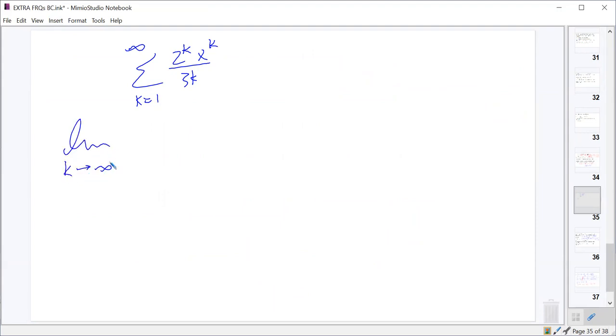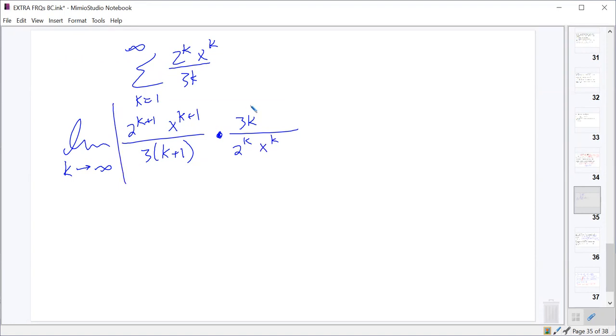Limit as k approaches infinity of the k plus first term, so 2 to the k plus 1, x to the k plus 1 over 3 times k plus 1, divided by the original series, which would be multiplied by the reciprocal of the original series, 3k over 2 to the k, x to the k in the denominator. And then we'll simplify those.